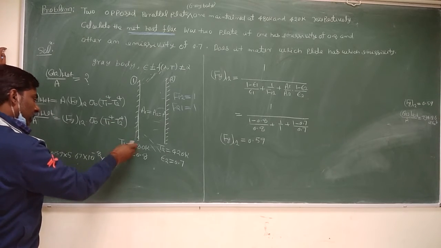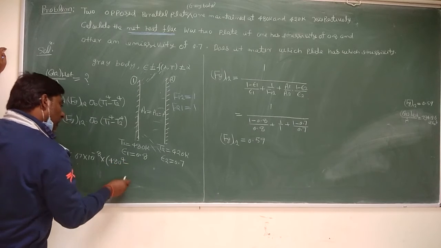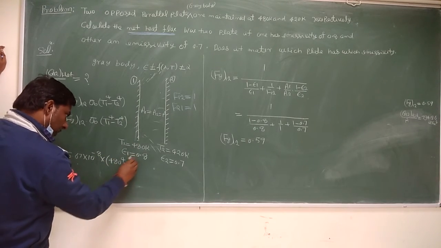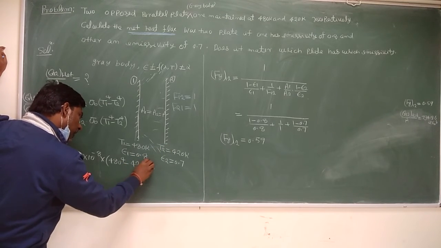T1 is 480, so 480 to the power 4. The temperature should be in Kelvin, and they are given in Kelvin, so there is no problem. T2 is 420, so 420 to the power 4.